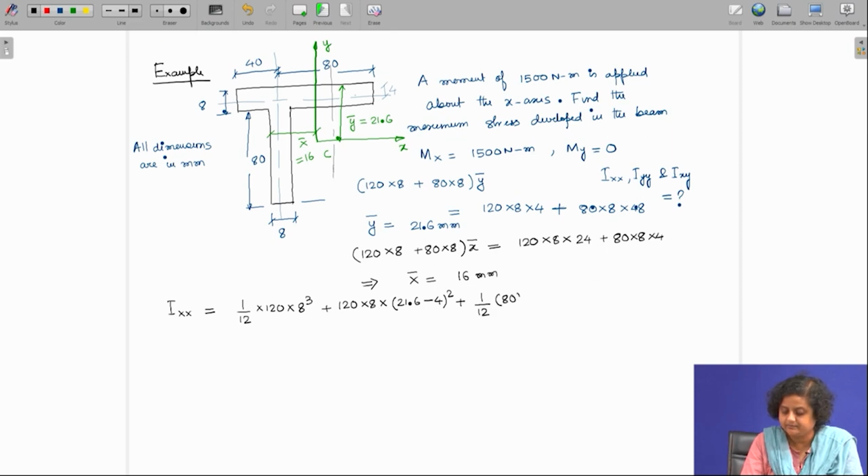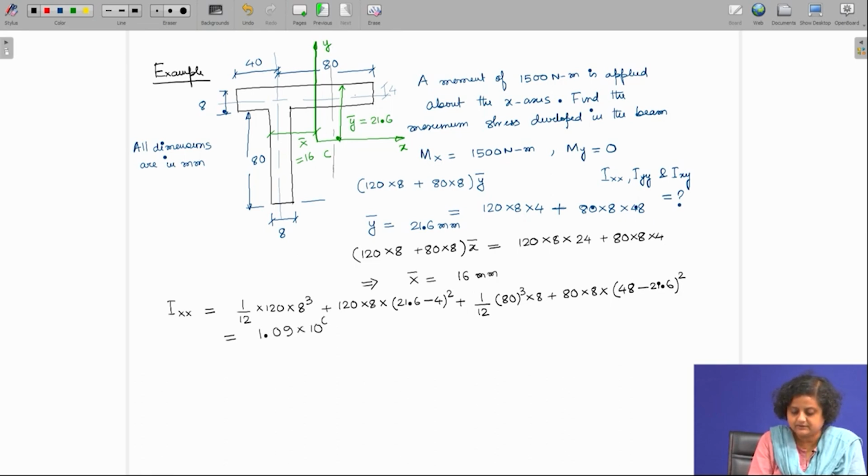80 whole cube into 8 plus 80 into 8 into, the distance from this is going to be 48 minus 21.6. So, 48 is the centroidal minus 21.6 whole square. So, this if we calculate is going to be 1.09 into 10 to the power 6 millimeter 4.